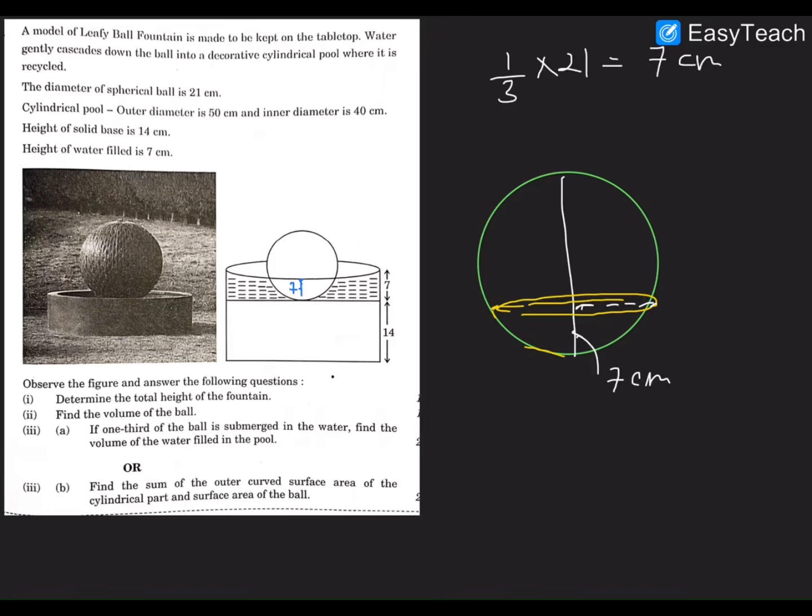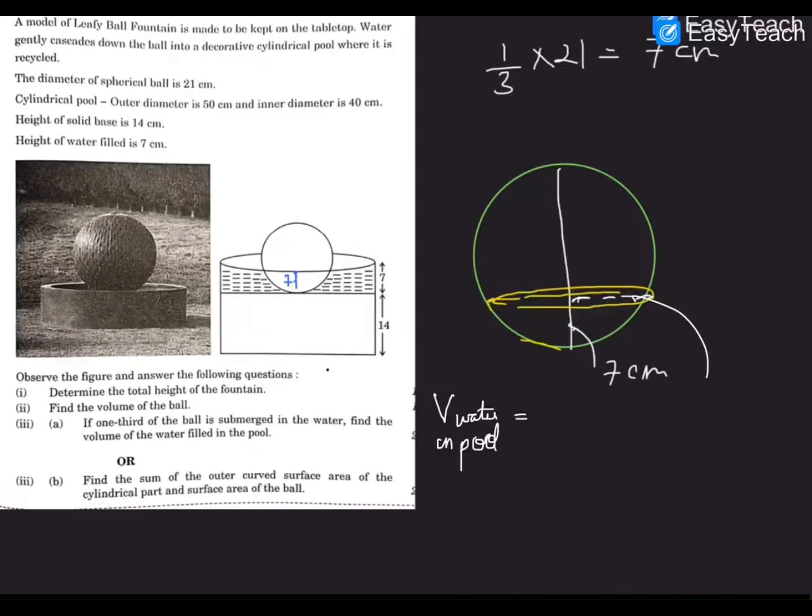So either this question framing is wrong, or if we need to do it, we can do it by integration. This cannot be done with the 10th syllabus because it does not include how to find the volume when you cut a sphere at 1/3.